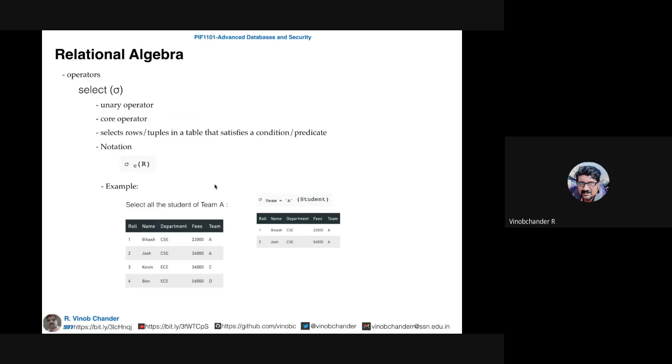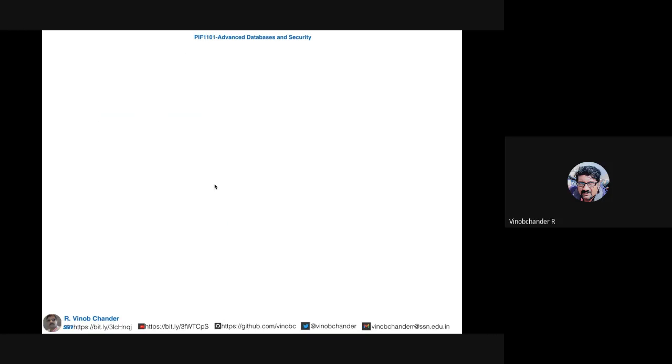Apart from these points, there are a couple more points to remember. The select operator maps to the where clause in SQL. You might know SQL queries.